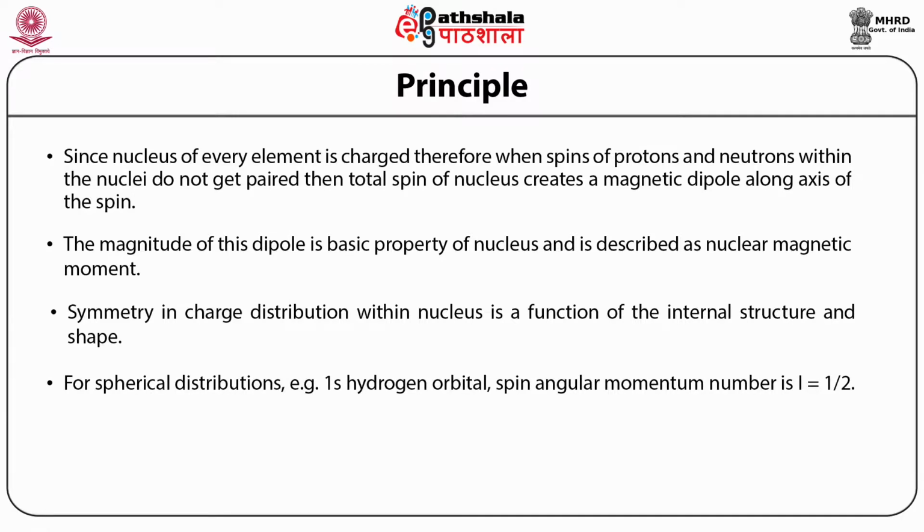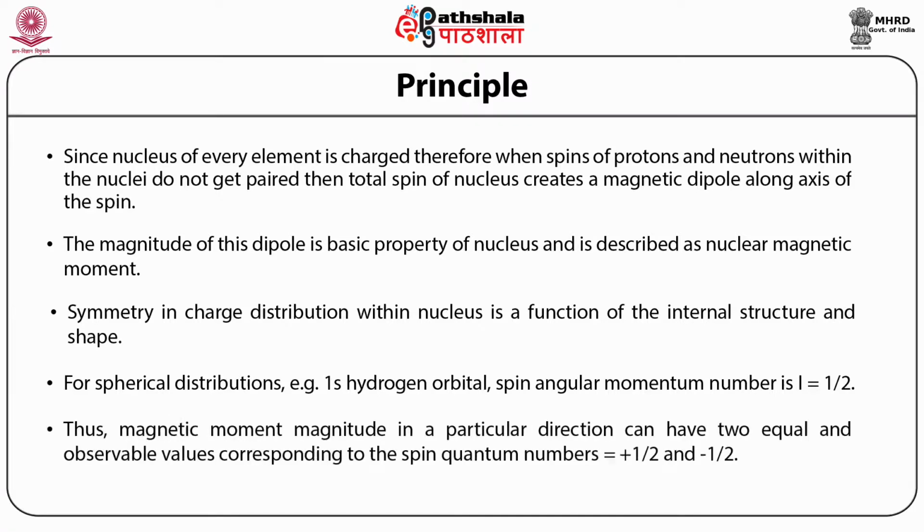For symmetrical distribution, for example a 1s hydrogen orbital, the spin angular momentum number I is equal to 1 by 2. Thus the magnetic moment, for example of the 1s hydrogen orbital, and angular momentum is 1 by 2, that is I is equal to 1 by 2.